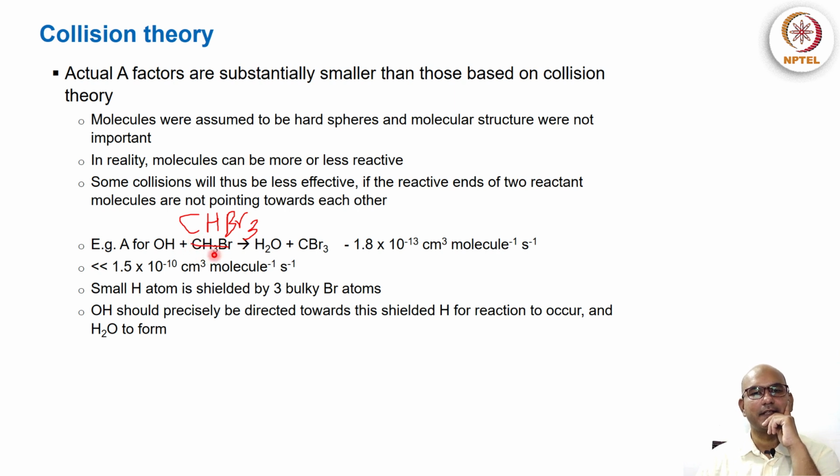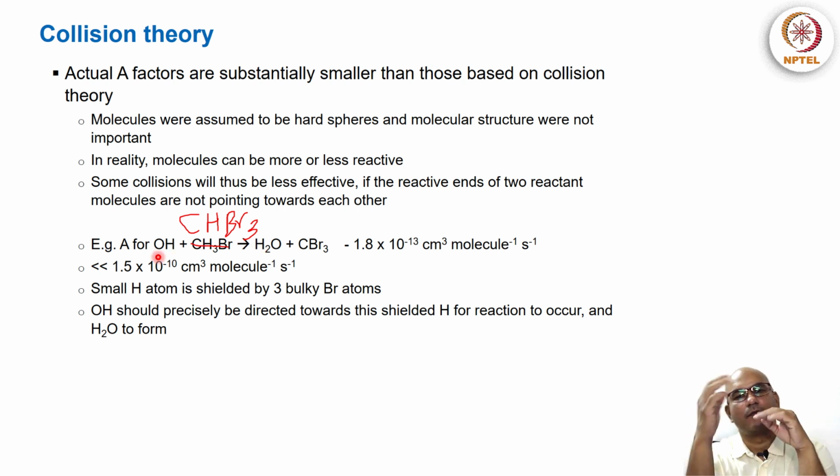OH plus CHBr3. So we have one hydrogen which is shielded by 3 bulky bromine atoms, and our reaction is OH giving H2O. So this OH must approach and collide with the H part. If it collides with any other part, Br or anything else, nothing is going to happen.